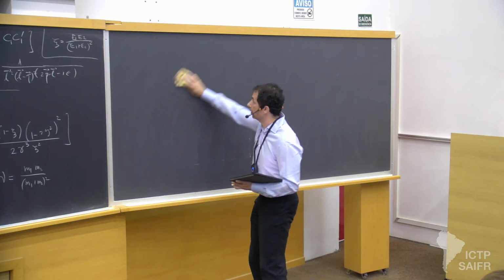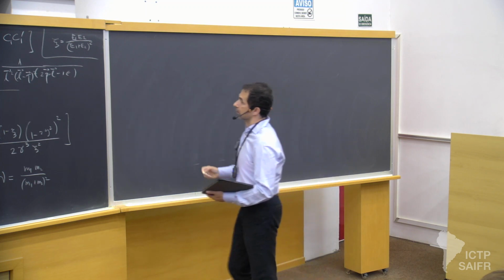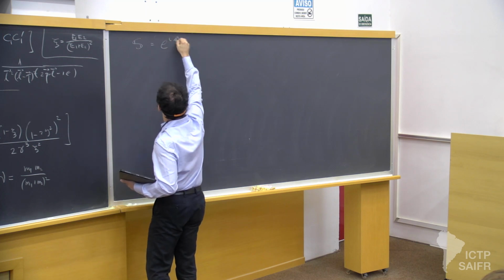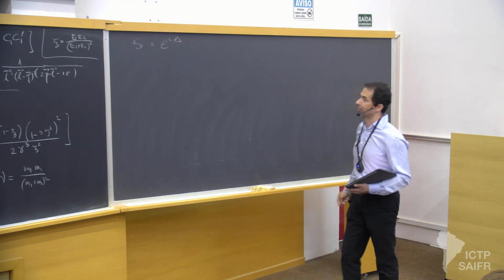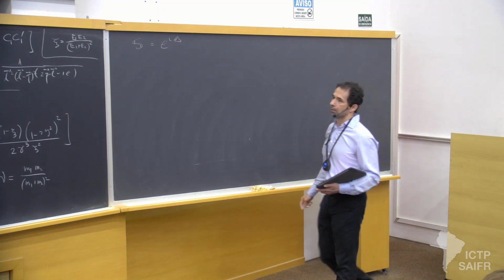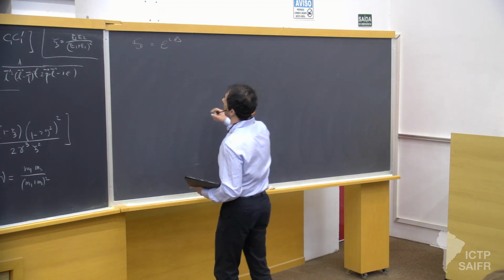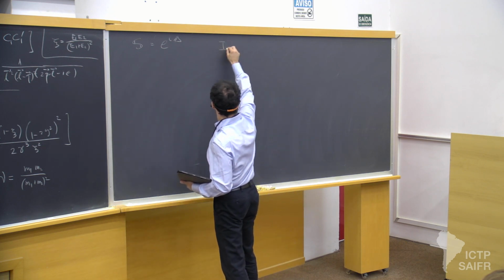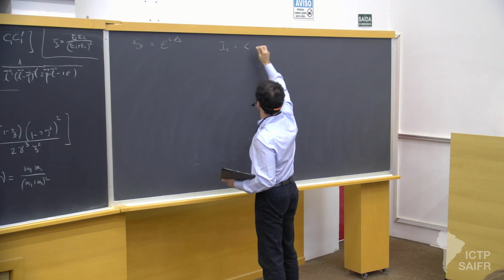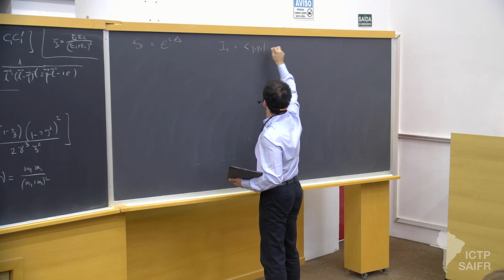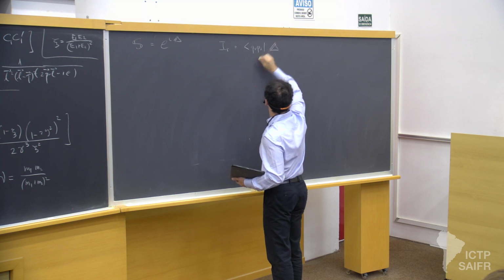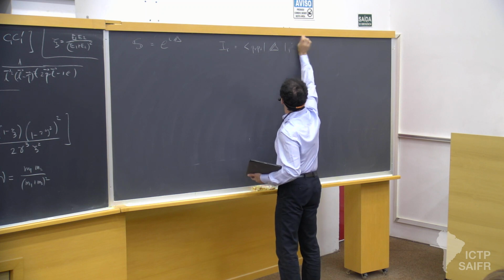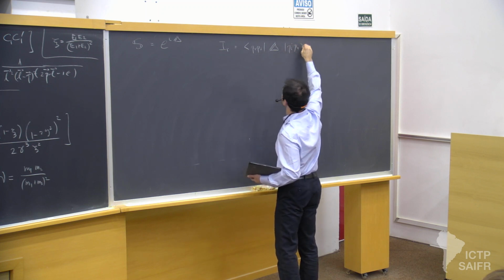So if you recall, the radial action was identified like so. There's this operator, blackboard bold delta, not to be confused with that delta, in terms of which the two-particle S matrix was that, and the radial action was the expectation value of delta between P1 prime and P2 prime, or P3 and P4.